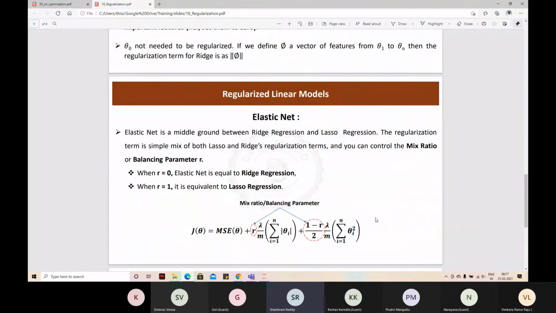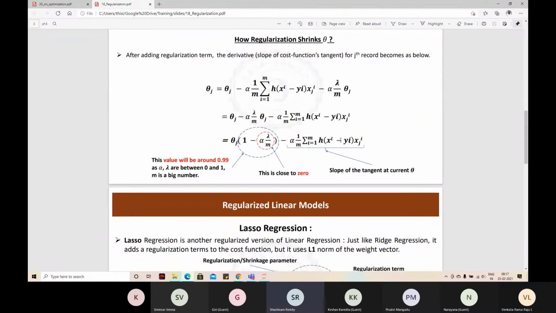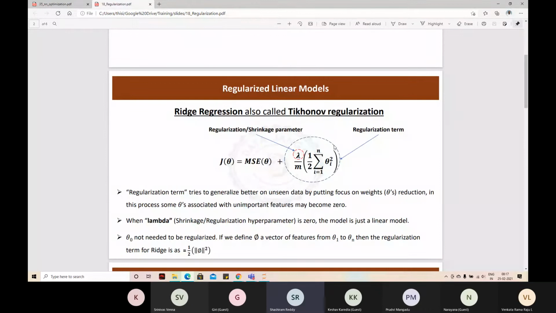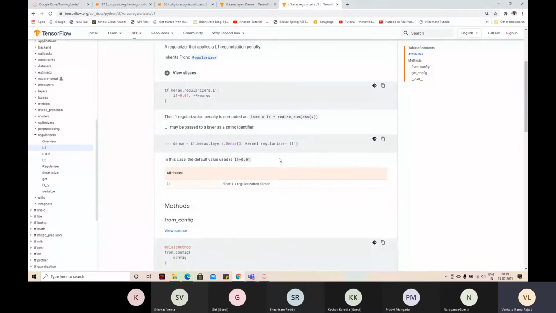So L1, L2 are the hyperparameters, and it is multiplying the sum of absolute values or sum of squared values. But it is multiplying the hyperparameter here also. This MSE of theta is not given there. It's only MSE of theta. That's the concern I was actually having.